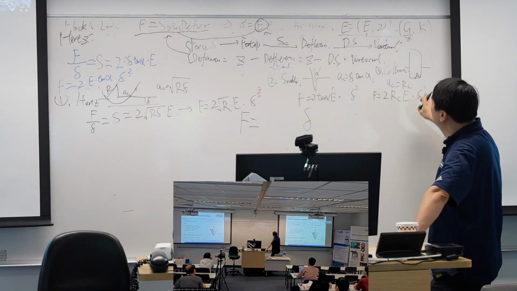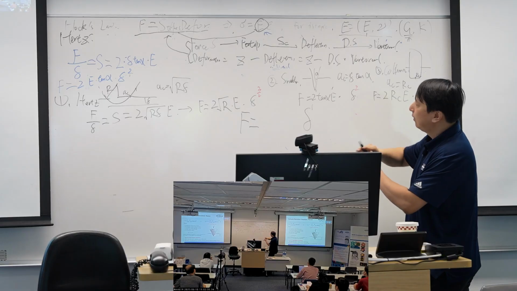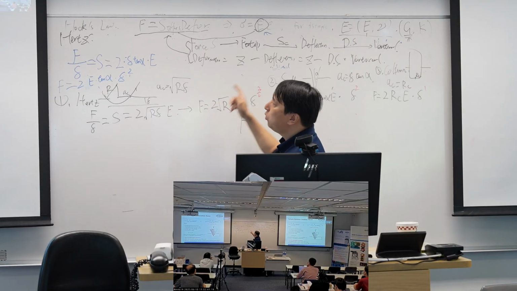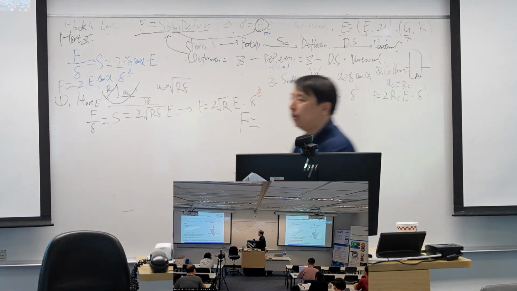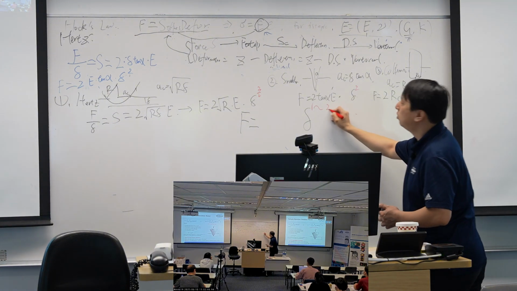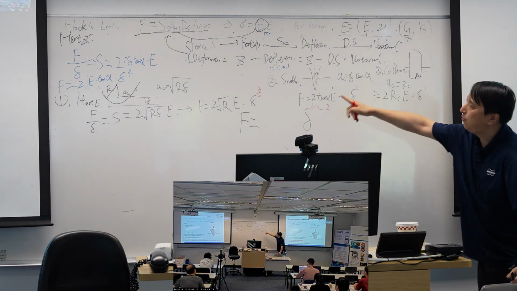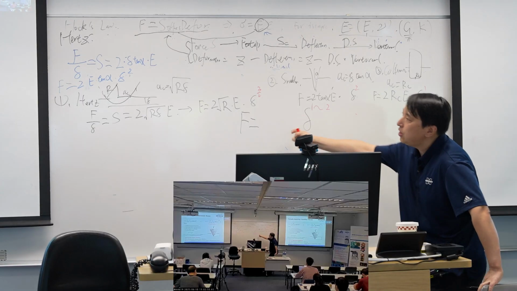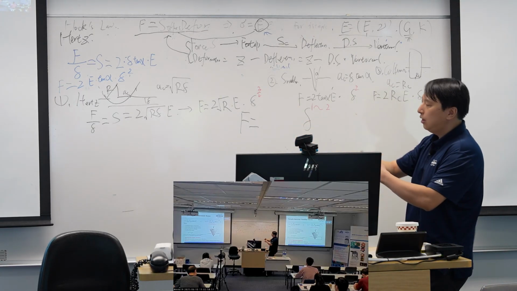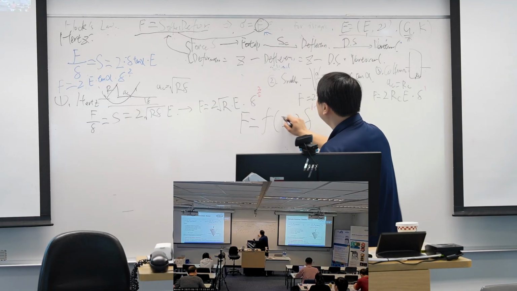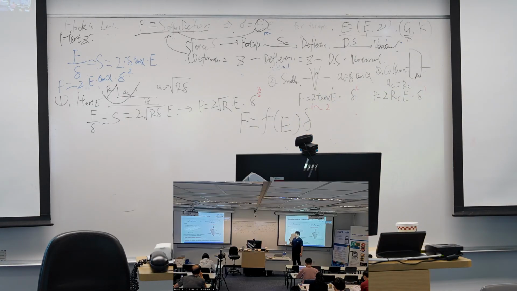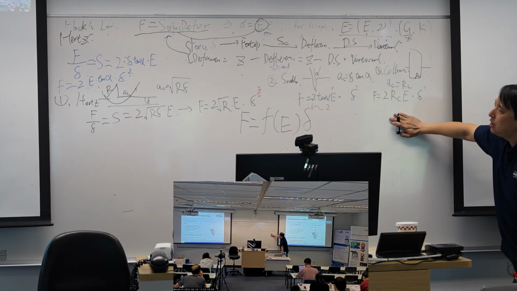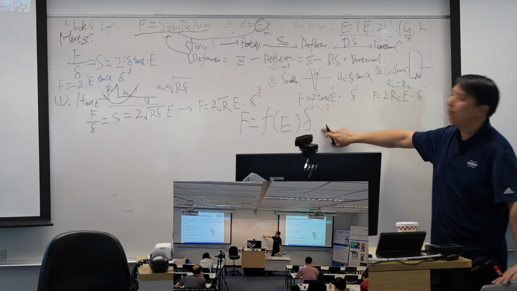If I am using a column, the order is 1. If I am using a cone, the Sneddon model, this order will be 2. If I am using a sphere, the order is 1.5. And the coefficient here is a function of modulus. So our idea is to establish the relationship between force and deformation.